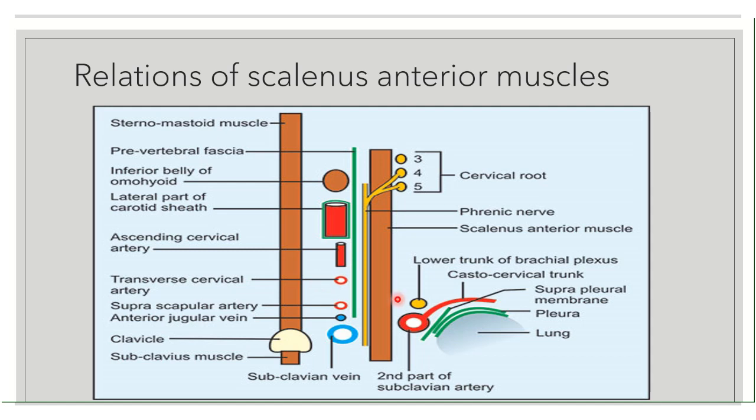Then posteriorly, posterior to the scalenus anterior muscle, there will be lower trunk of this brachial plexus, second part of subclavian artery, this suprapleural membrane and pleura. These all are the structures which are related posteriorly to the scalenus anterior muscle.